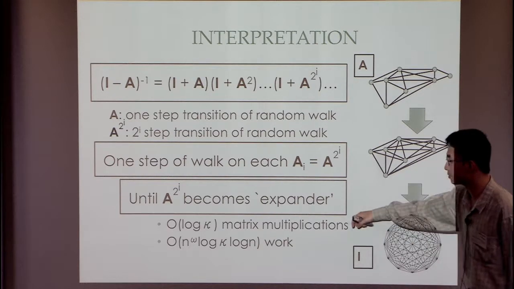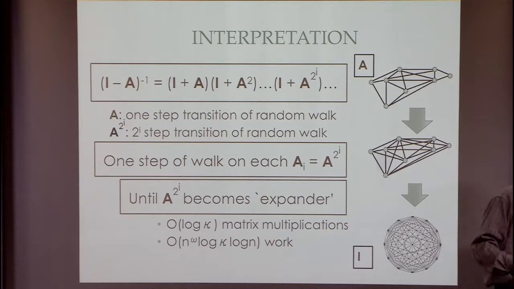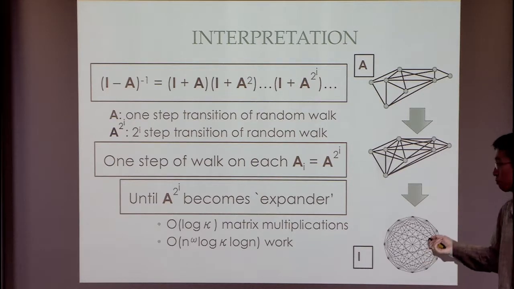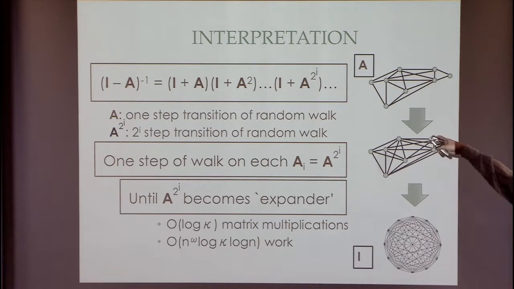And for this to happen, because I'm repeatedly squaring my matrix, and because earlier I said that it takes about kappa steps for my random walk to mix, I just need to set 2 to the i to kappa. So the number of steps I will need is just log kappa matrix multiplications to simulate this kind of random walk.